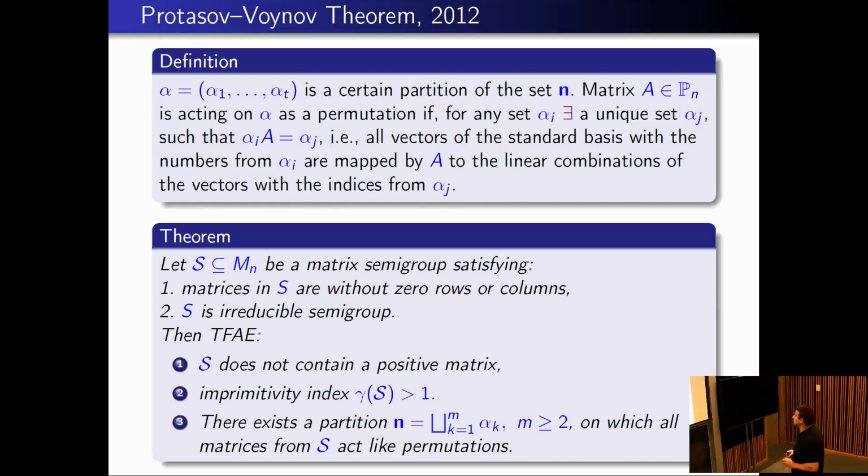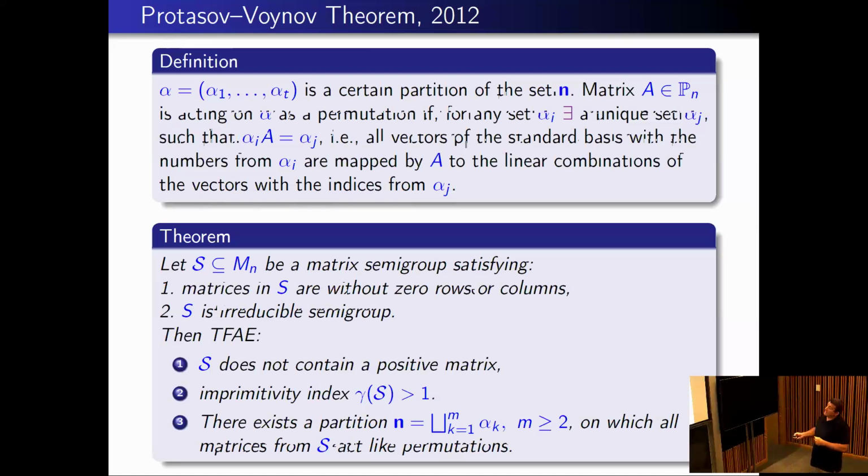I will not go into the details. I just want to mention that there is a structure of a semigroup here. So there is a definition: by Pn, I consider a semigroup of matrices without 0 rows and 0 columns. This is one of the assumptions.